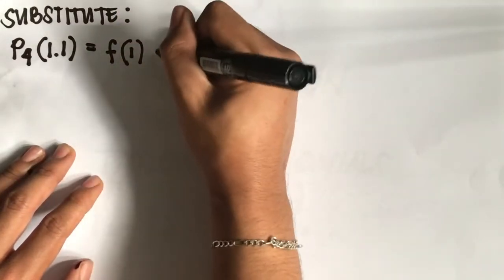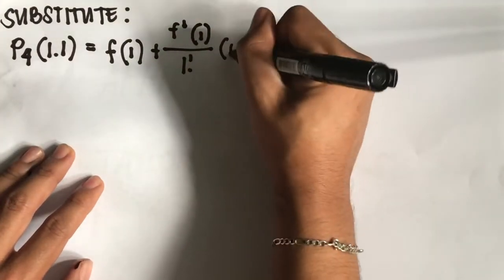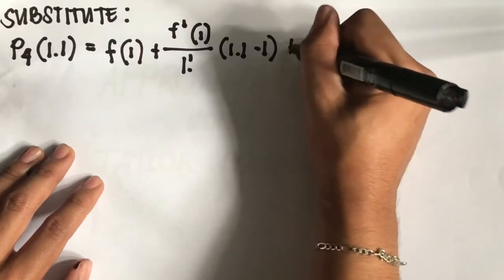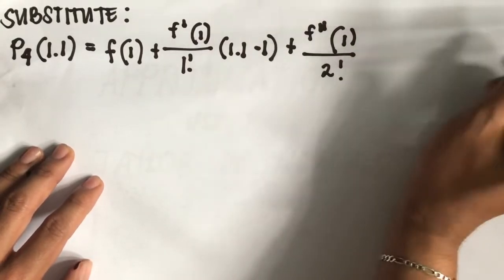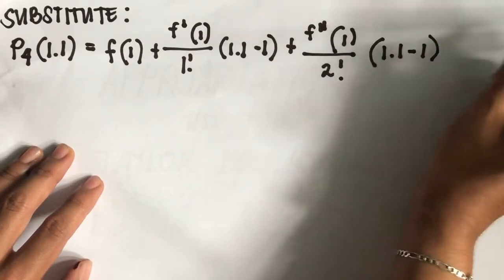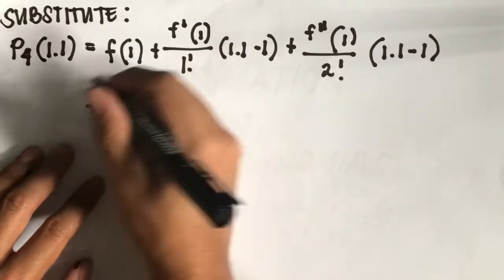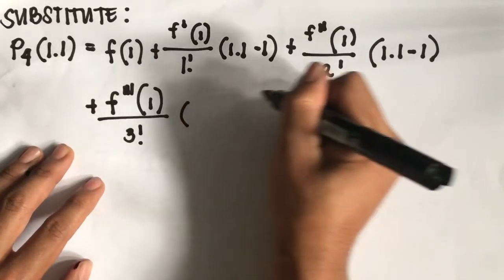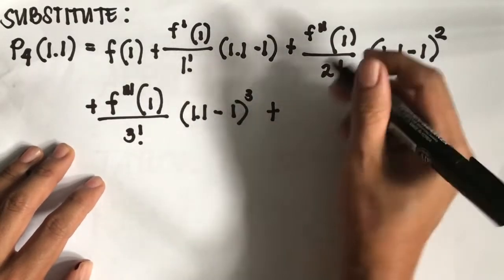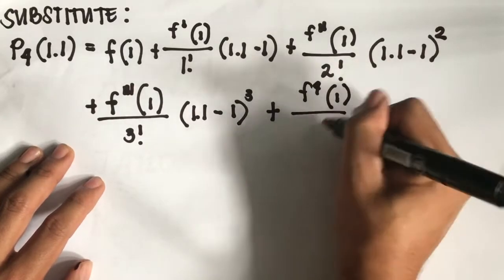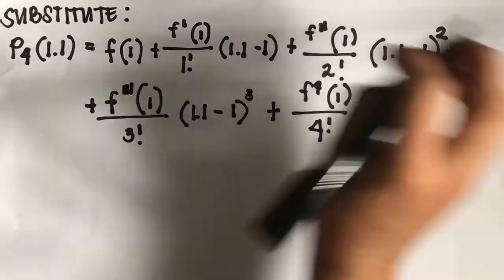That's the value of x, equal to f of a, which is the value at 1, plus the first derivative over 1 factorial times x minus a, or 1.1 minus 1, plus the second derivative over 2 factorial times 1.1 minus 1 raised to 2, plus the third derivative over 3 factorial times the quantity 1.1 minus 1 raised to 3, plus the fourth derivative over 4 factorial times the quantity 1.1 minus 1 raised to 4.